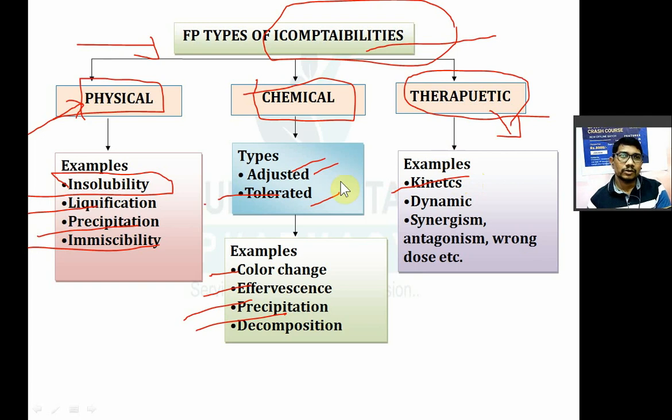So antacids will form chelates with the tetracycline, because in the antacid you have aluminum ions, calcium ions, magnesium, potassium, etc. So all these metals will form a chelate with the tetracycline. It will not be absorbed. That is a kinetic interaction. Again distribution interaction, let's say drug distribution interaction, है ना?